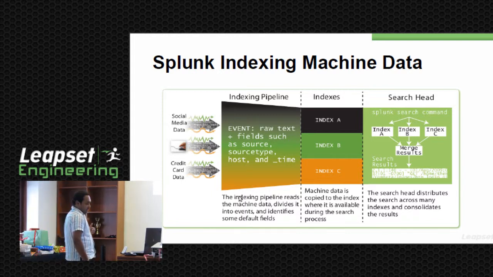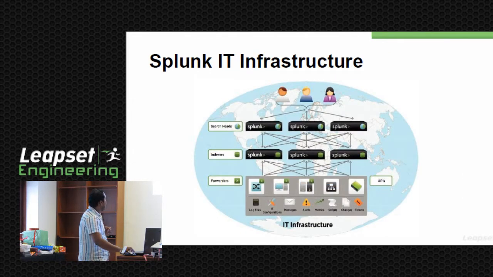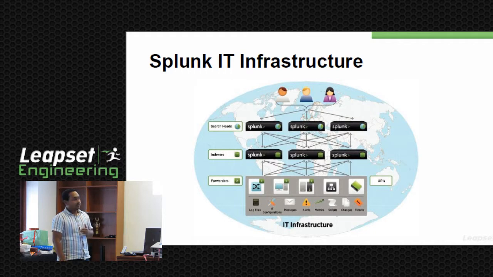So that is the setup, but actually we don't use that much of a huge setup for Leapset Splunk. We are only using one indexing server, and there are multiple forwarders inside those host devices.